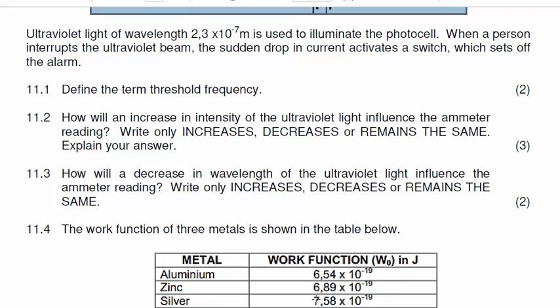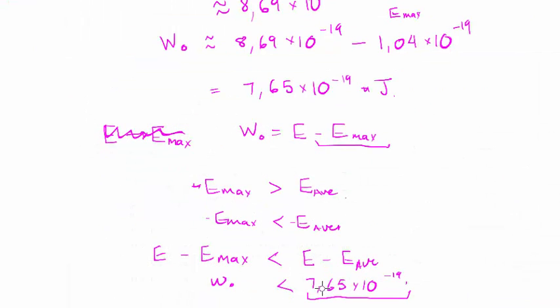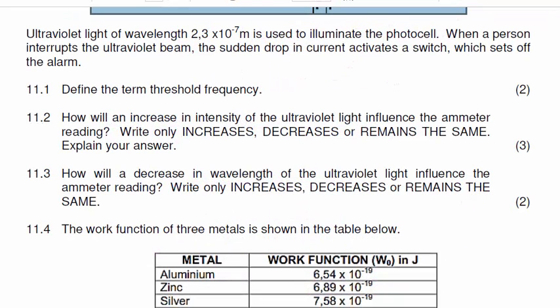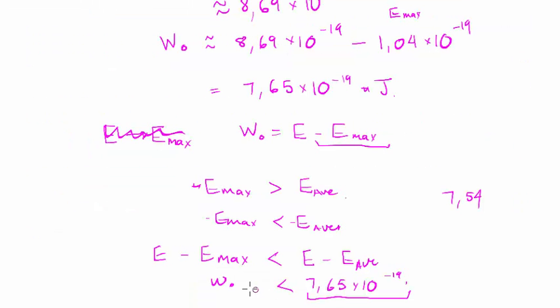Now, let's say my answer was something like 7.54. Now if you look, whoa, it's closest to silver, but according to what I showed you here, the work function must be less than the answer I get.